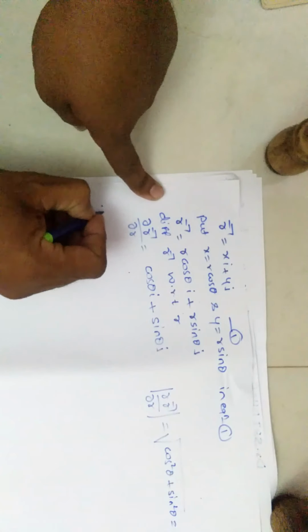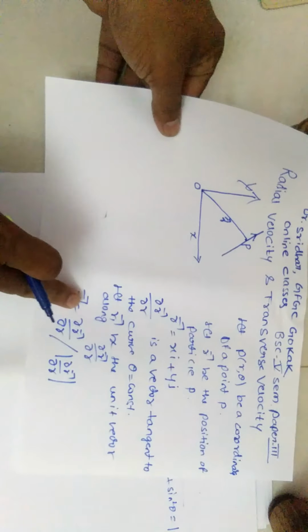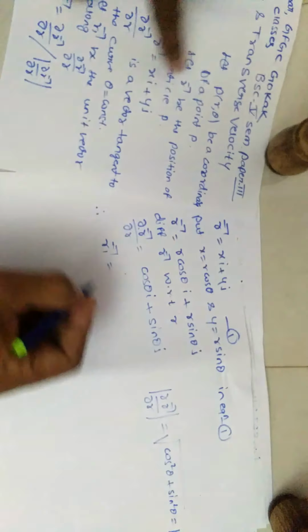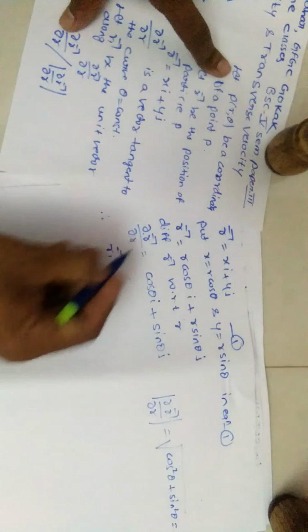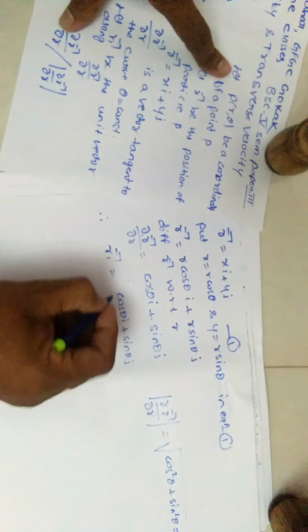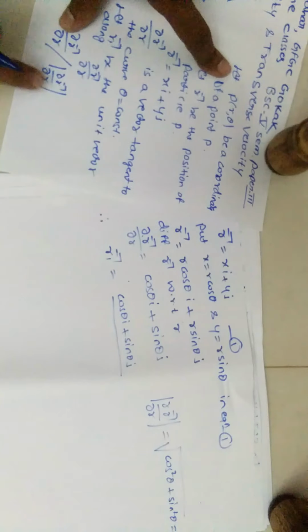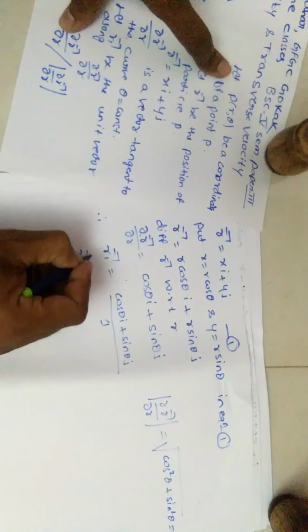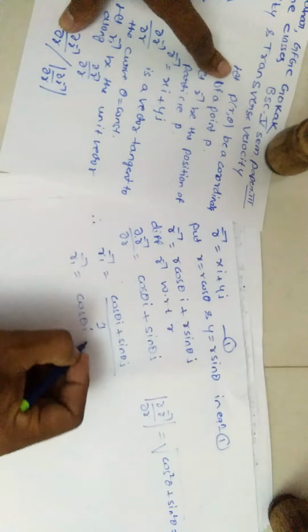Therefore, as we have calculated the unit vector r1 bar, we substitute these two values. r1 bar is equal to cos theta i plus sin theta j divided by the absolute value, which we have calculated as 1. So r1 bar is equal to cos theta i plus sin theta j. This is the expression for r1 bar.